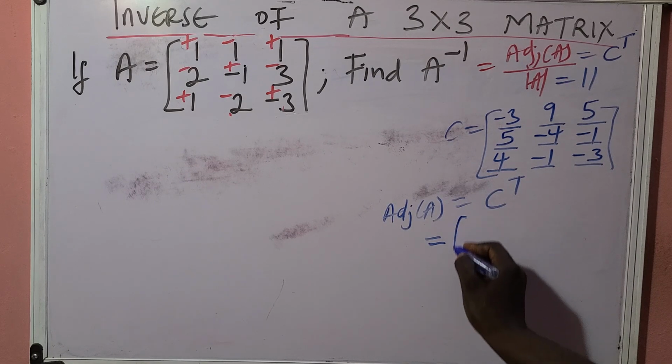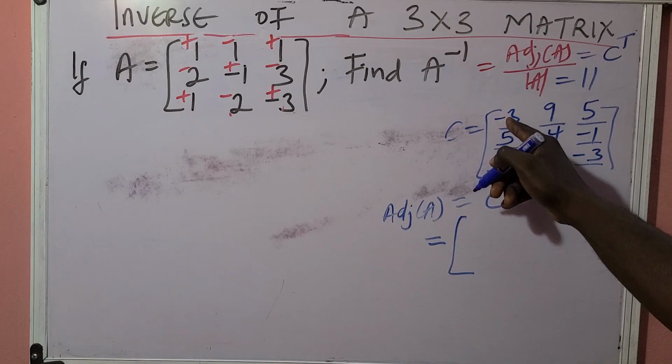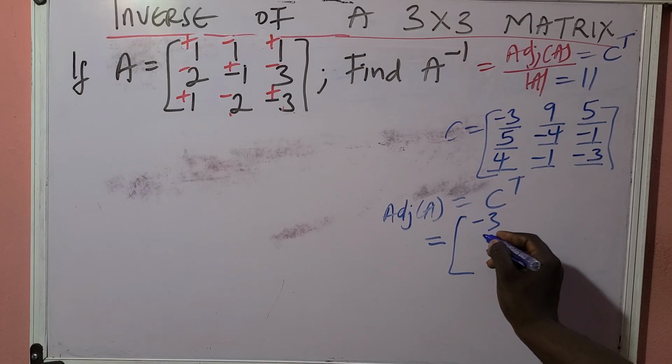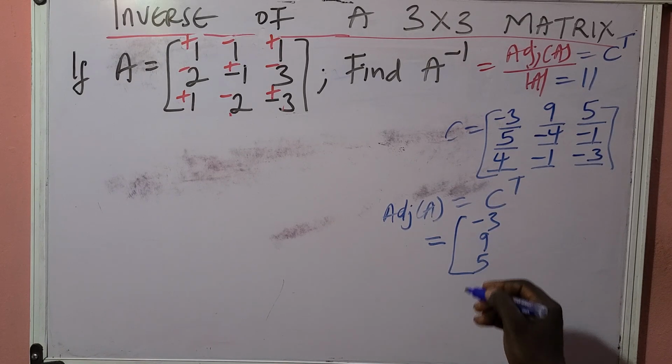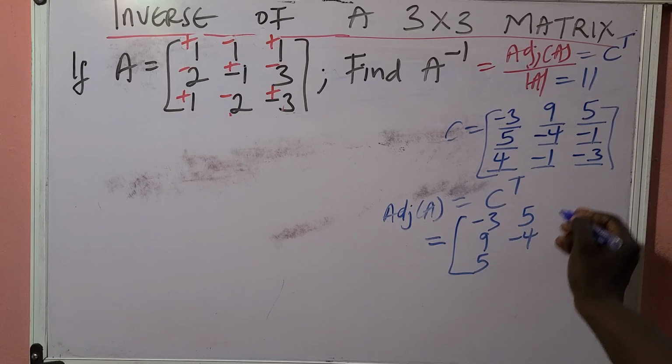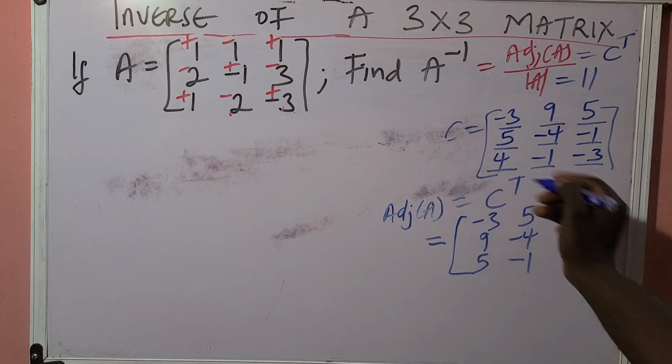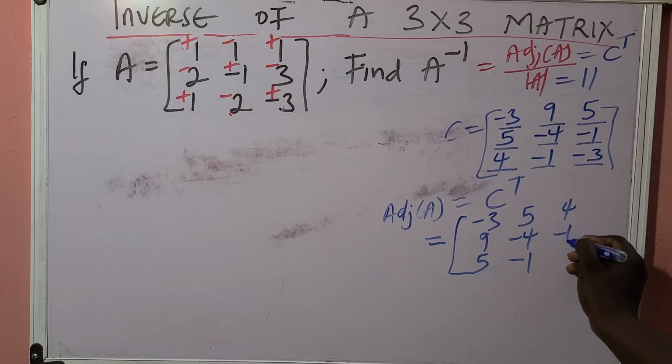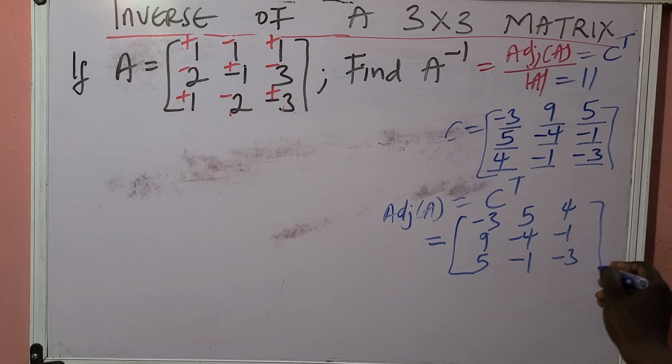So wherever you have row 1, you change it to column 1. So this is minus 3, 9, and 5. And then this is 5, minus 4, and minus 1. And this is 4, minus 1, and minus 3. So this gives me the adjoint of matrix A.